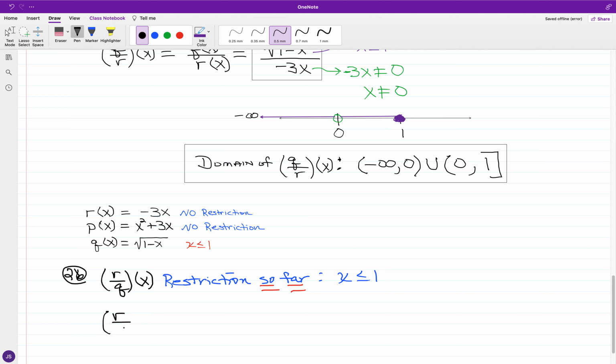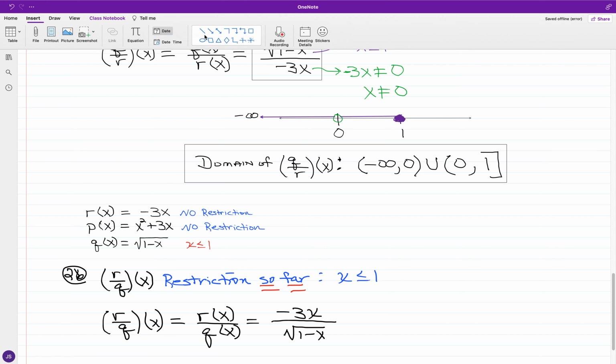So we have with r over q of x, r of x all over q of x. So with r of x you have negative 3x, and q of x, we had the square root of 1 minus x.